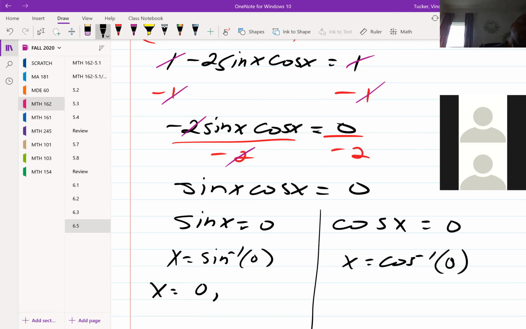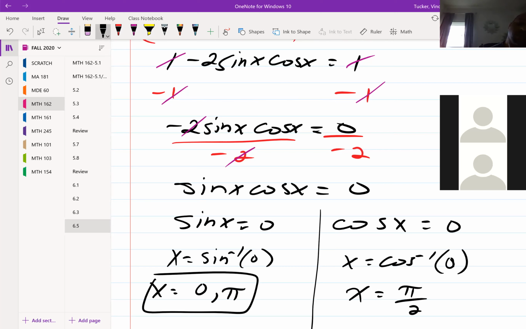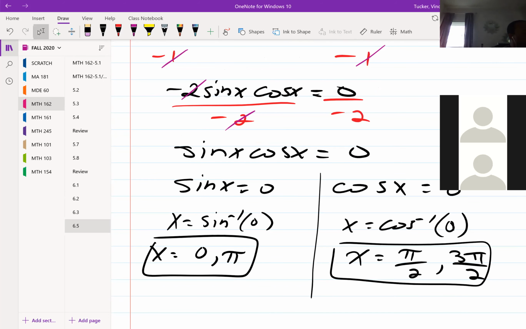So that'd be 0, pi. So those would be our 4 values: 0, pi, and then pi over 2, and 3 pi over 2.